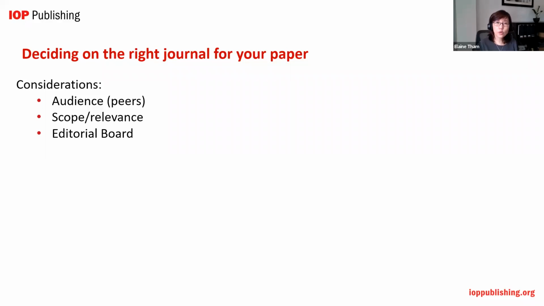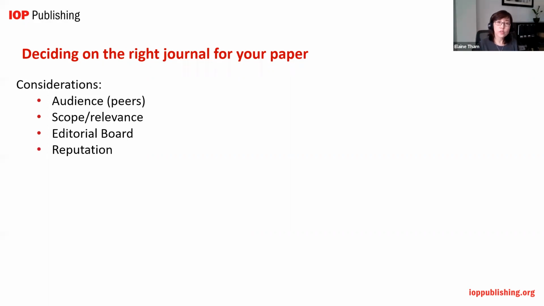Next, consider the editorial board of the journal. Do you see names that you recognize that are relevant to your research area? The editorial board should reflect the scope of the journal and is also a good reflection of the reputation of the journal. Board members at IOP play an important role in setting the direction and quality of the editorial content of our journals.